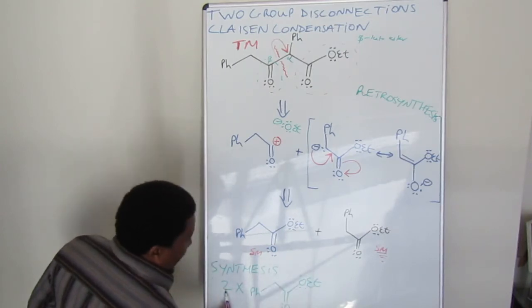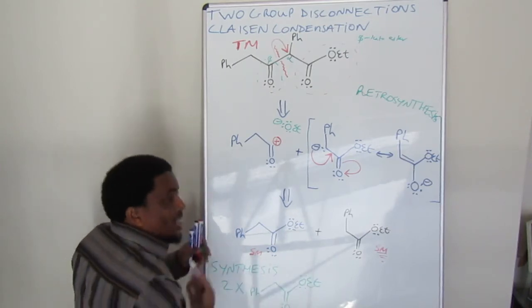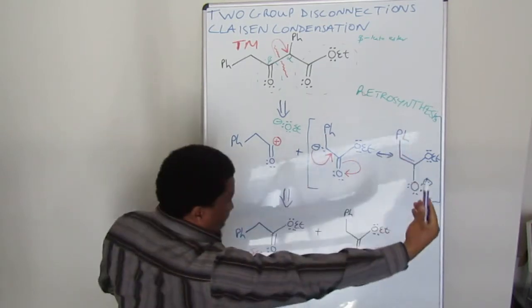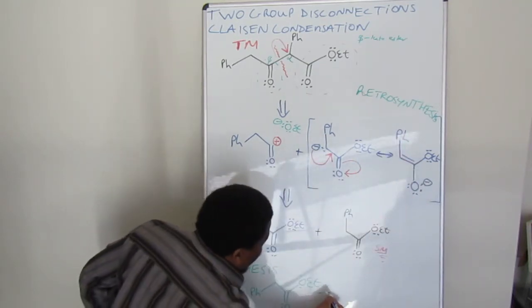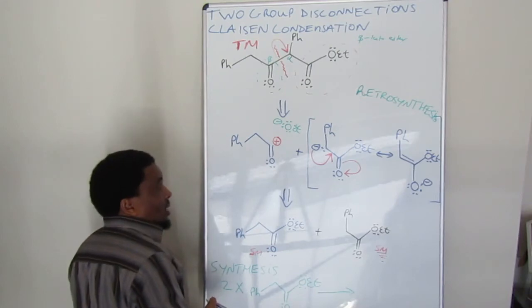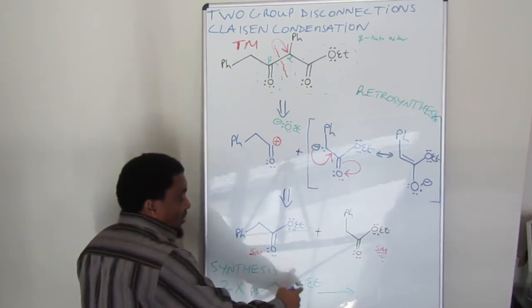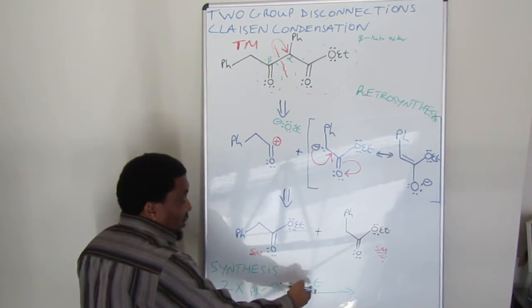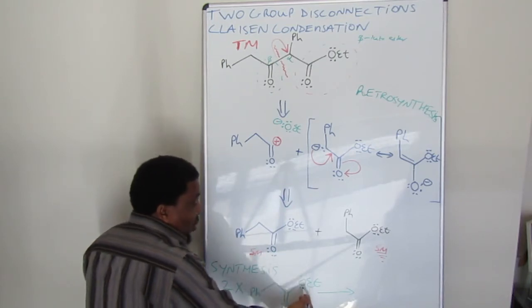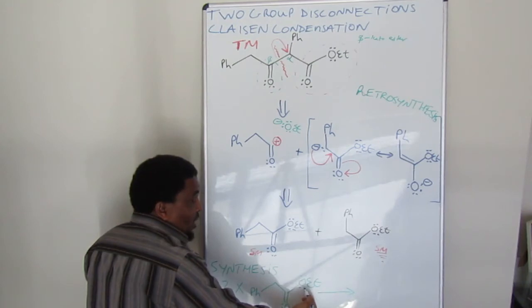How many are they? They are 2. It's condensation of 2 esters, in the presence of what? Because I am forming this type of ester, where the alkoxy group is my OEt.